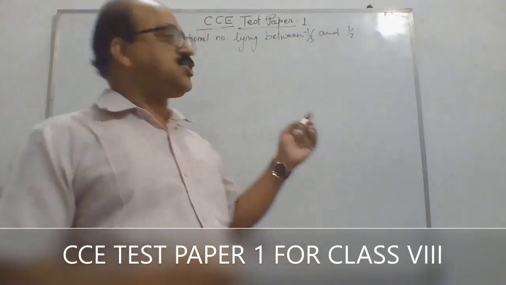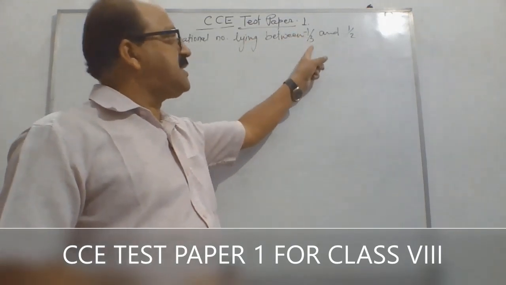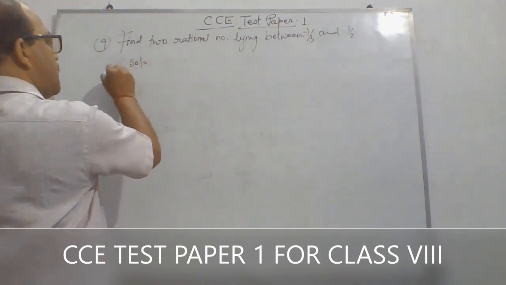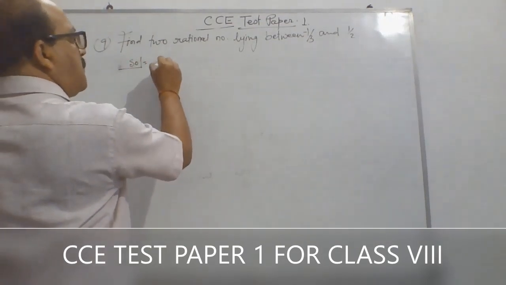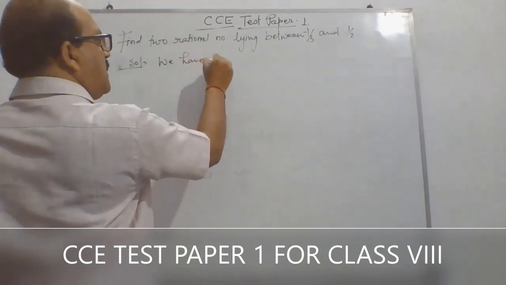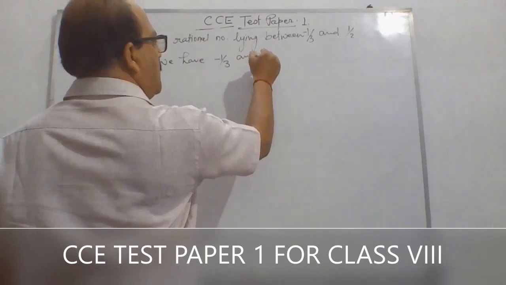In this question, find two rational numbers lying between minus 1 by 3 and 1 by 2. Solution. We have minus 1 by 3 and 1 by 2.